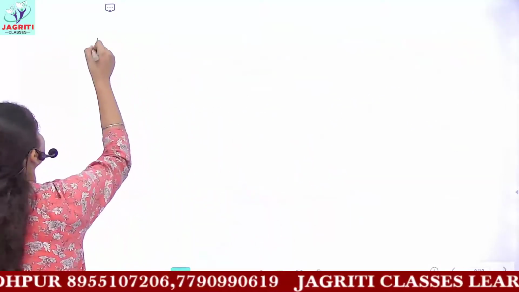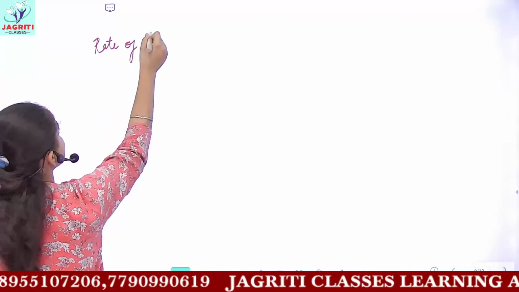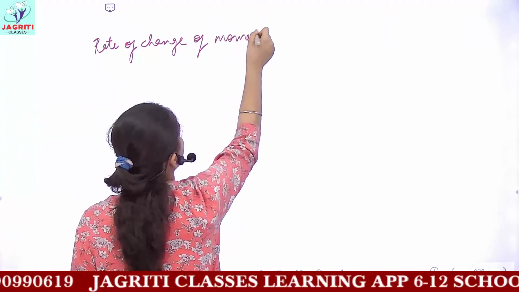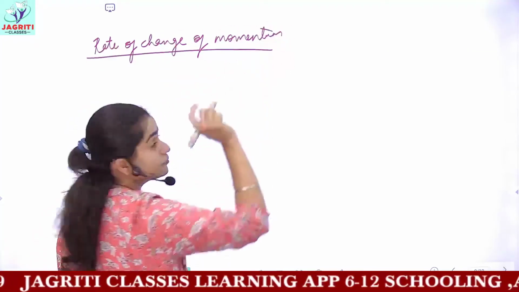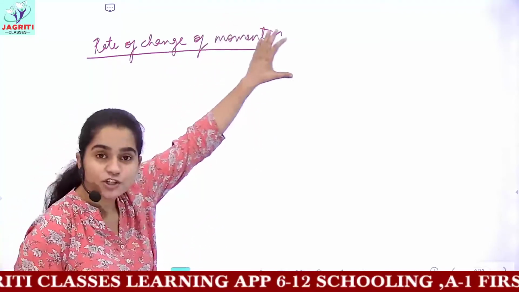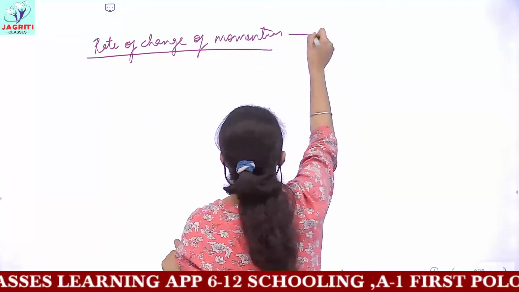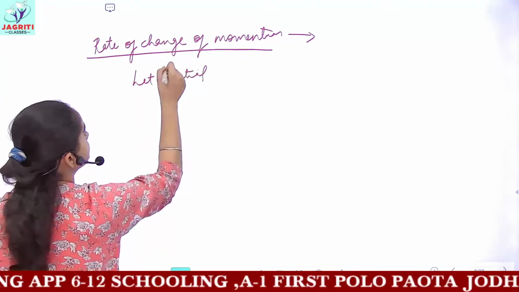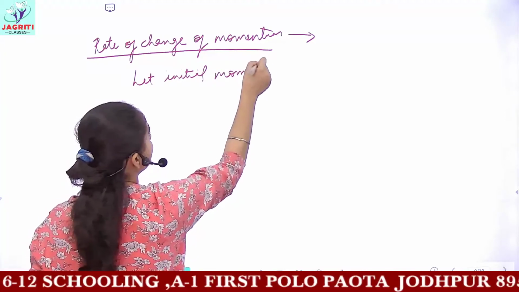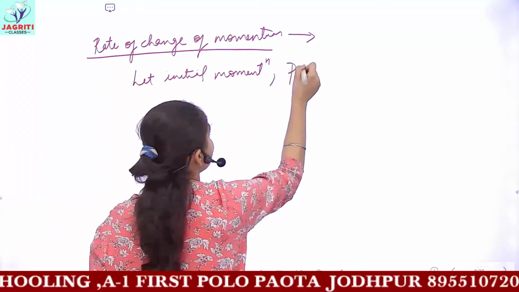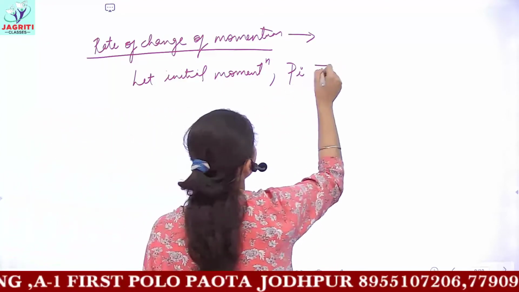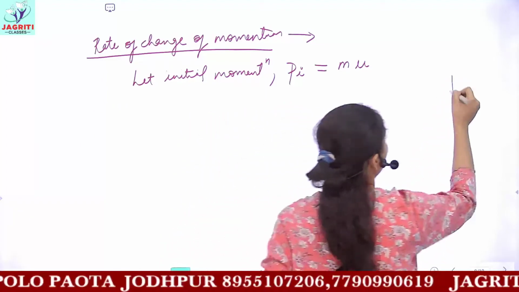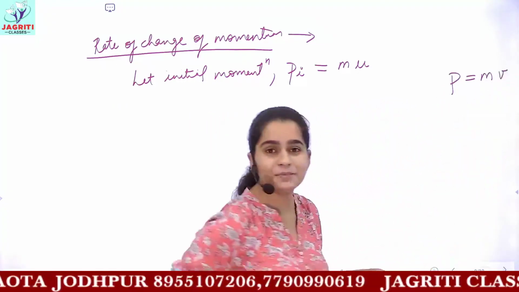So the rate of change of momentum would be what? You have to find the rate of change. So firstly we'll find the change of momentum. Stepwise, let the initial momentum of the object, which is represented by P initial or P1, be mu, because momentum is mass of the object multiplied by velocity.